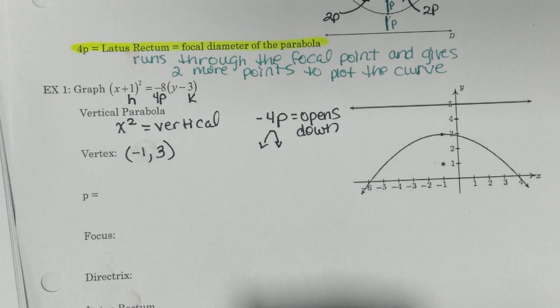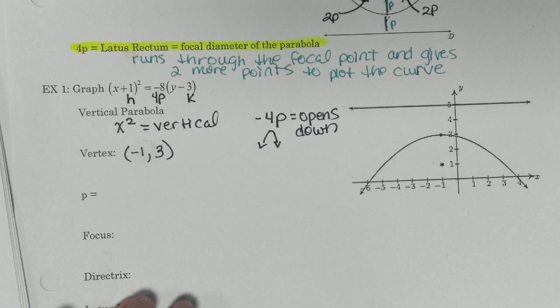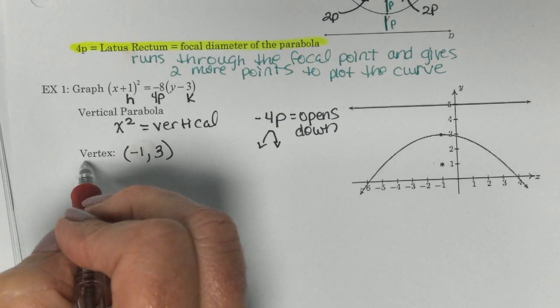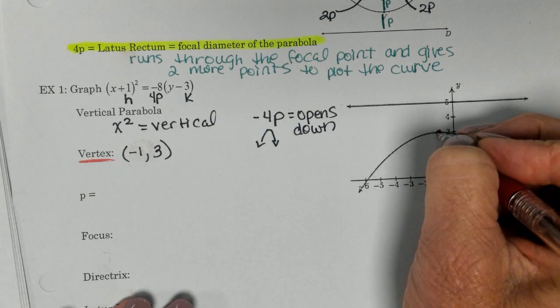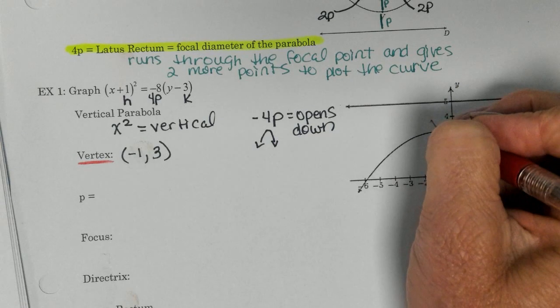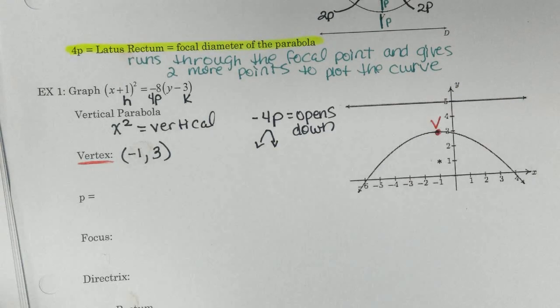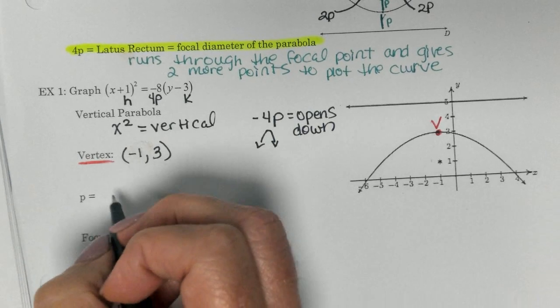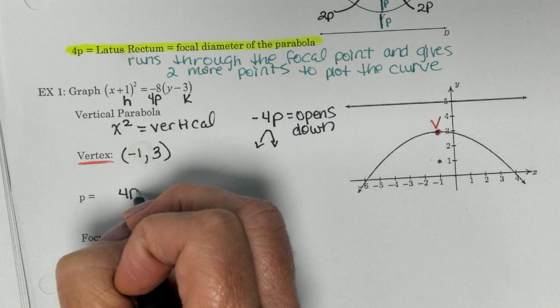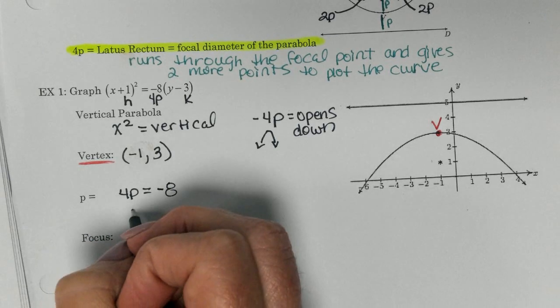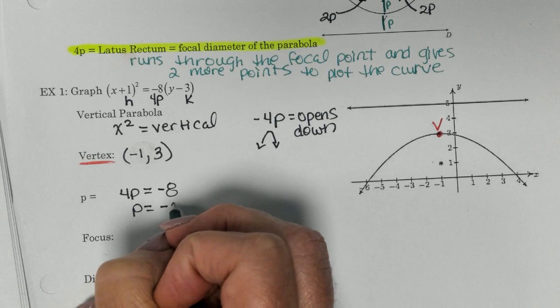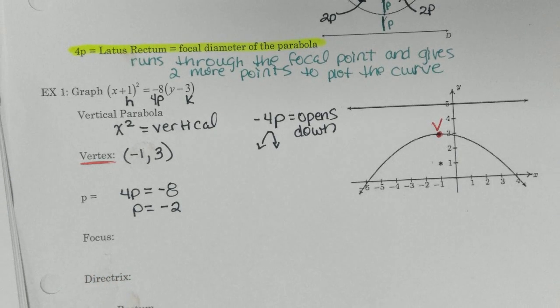And I'm going to identify my vertex right here with a V. And then the value of p, we know that 4p is equal to -8. Therefore, p is equal to -2.